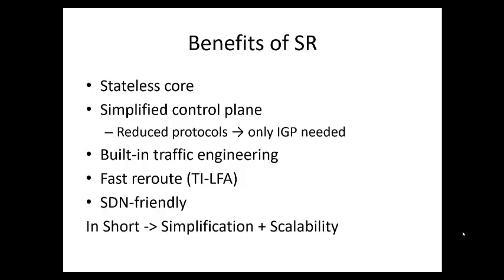Now to adapt to the change and get converged, less than 50 milliseconds is all that will be taken when you have segment routing, because segment routing has fast reroute, TI-LFA, topology independent loop-free alternate, which is fast reroute. Less than 50 milliseconds is guaranteed here.